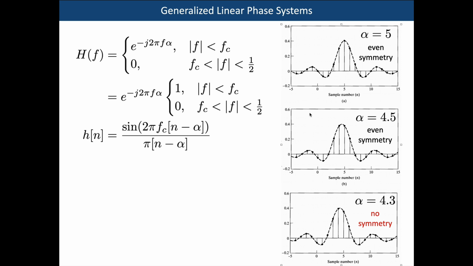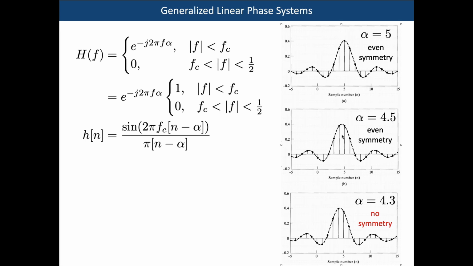Now let's change alpha, and let's say alpha is equal to 4.5. If we go through that same process again, 4.5 is not a point in the sequence like 5 is, but we could still talk about symmetry about that point.